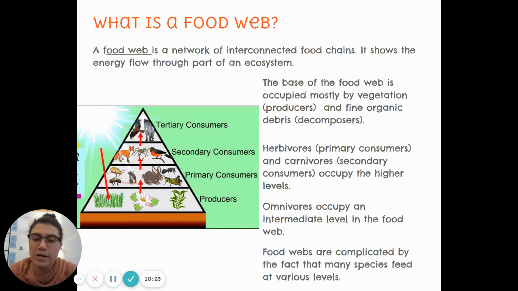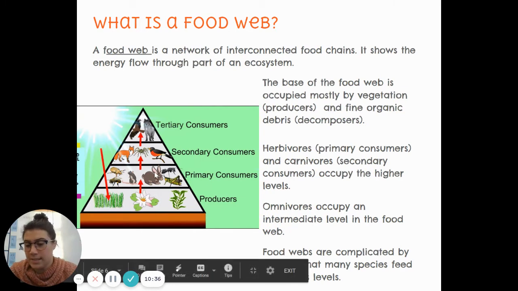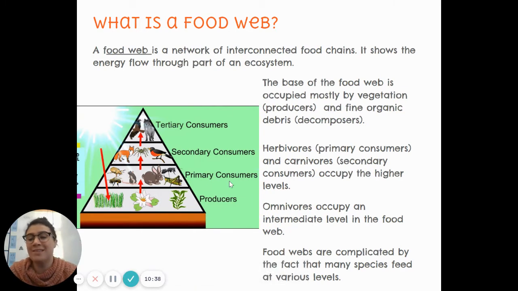Then we have our secondary consumers, which are usually omnivores or small hunters, because they eat the primary consumers. So producers, then the first things that eat the producers, and then the second things that eat the other consumers. Then we have our tertiary consumers, which is just 3.